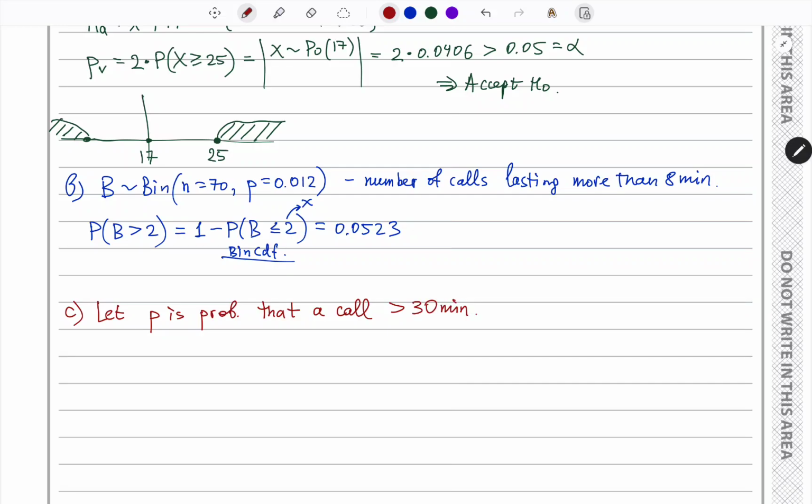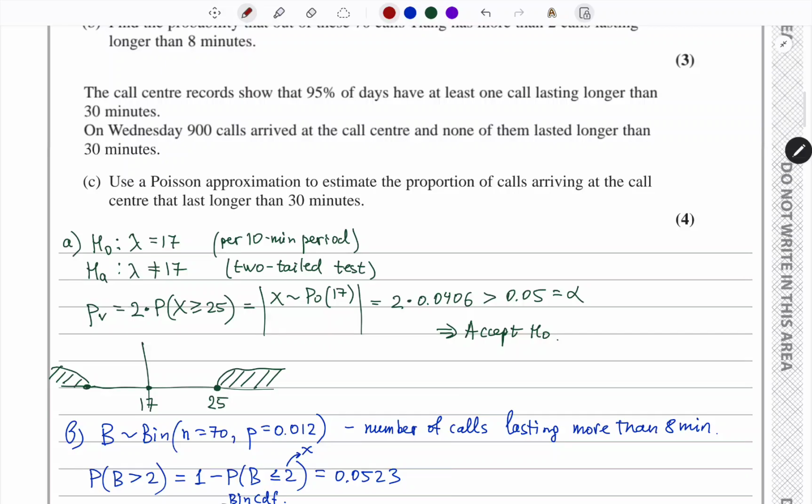Then let N be the number of calls that lasted more than 30 minutes, out of 900.